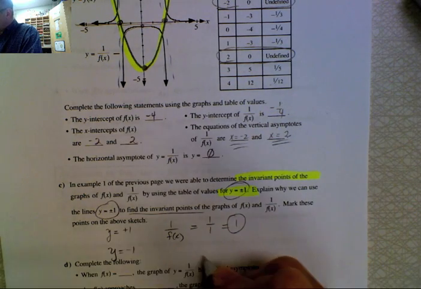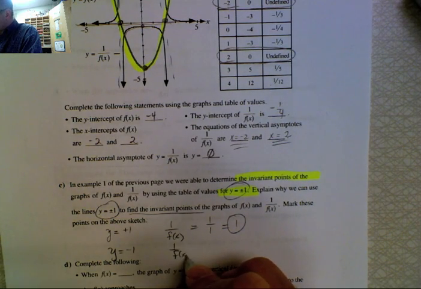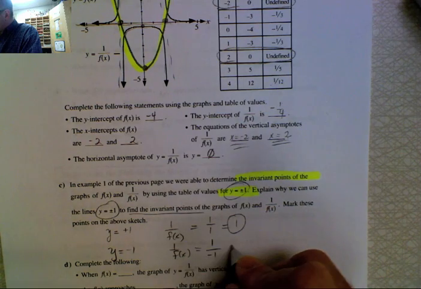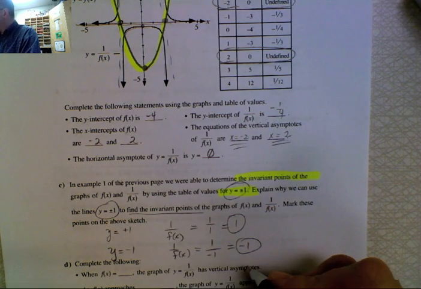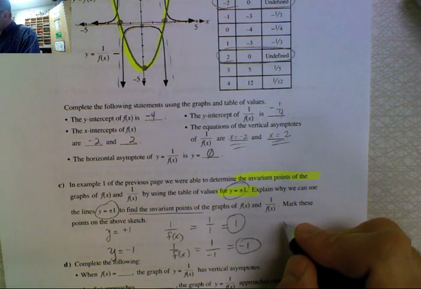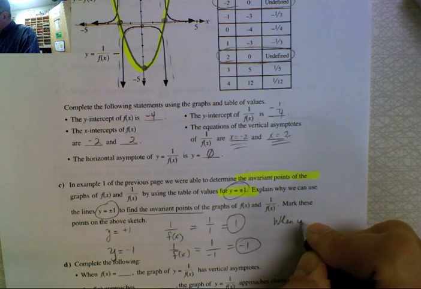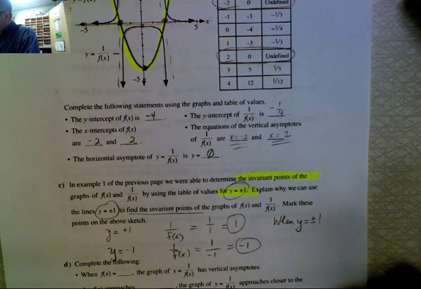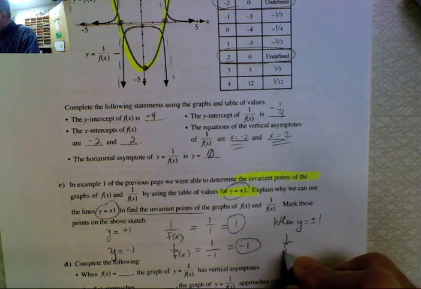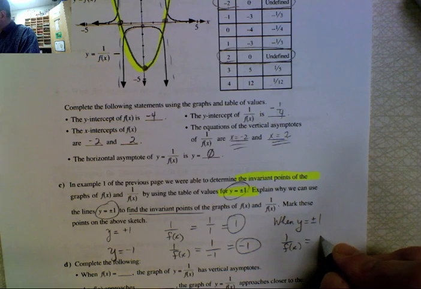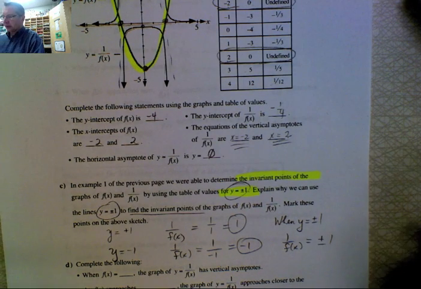And if I have -1 and I take its reciprocal, I get 1 over -1, which is still -1. So basically, if we summarize that, when y is plus or minus 1 in our original graph, then in our reciprocal function, it's also positive and -1.